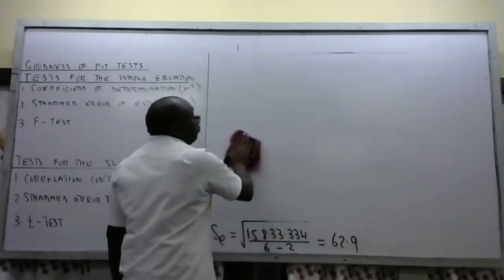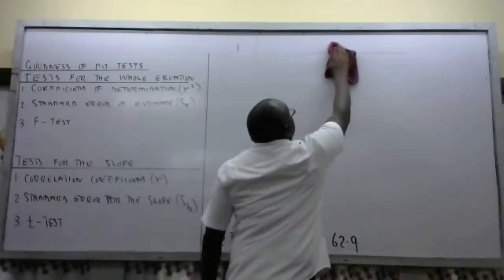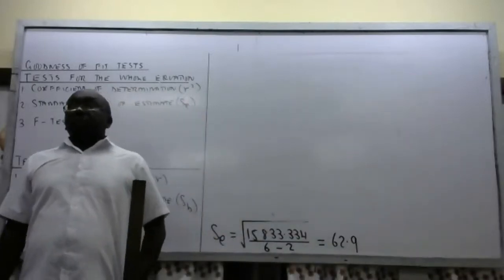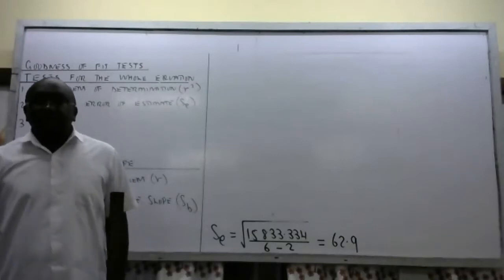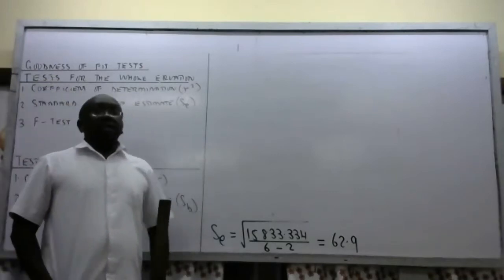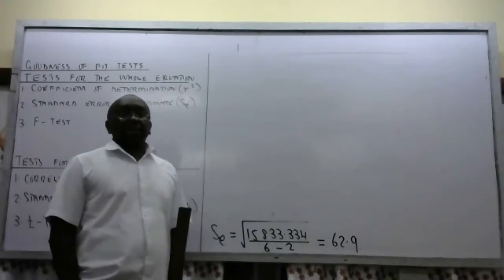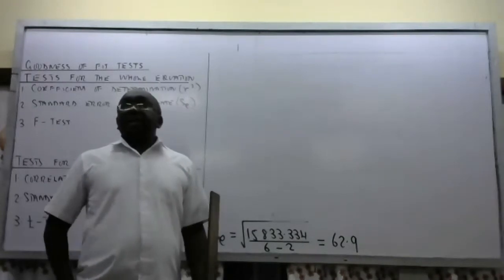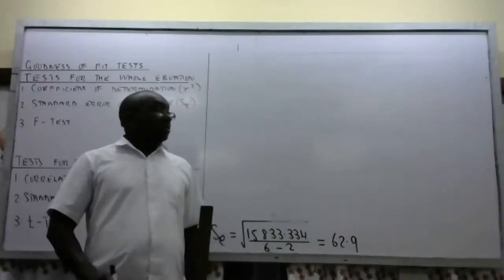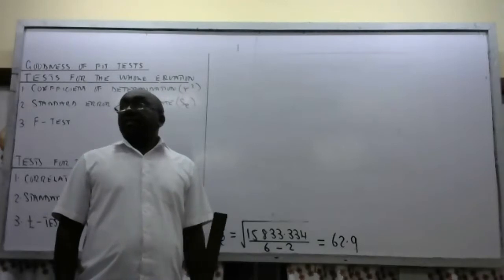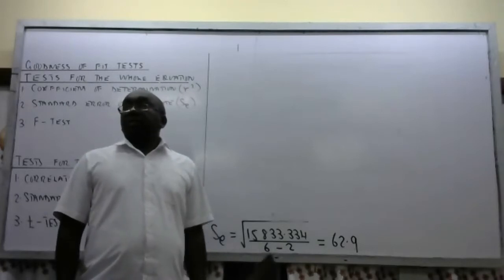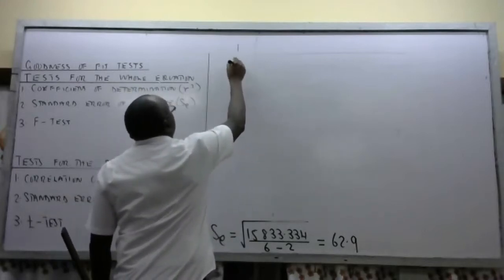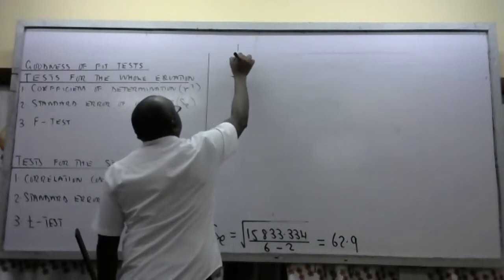Then down there you write that this value is then used to estimate the confidence interval for the predicted value as follows.